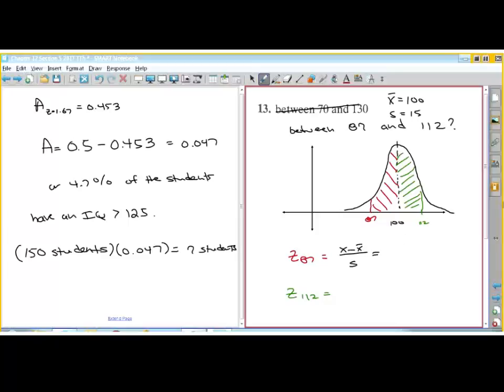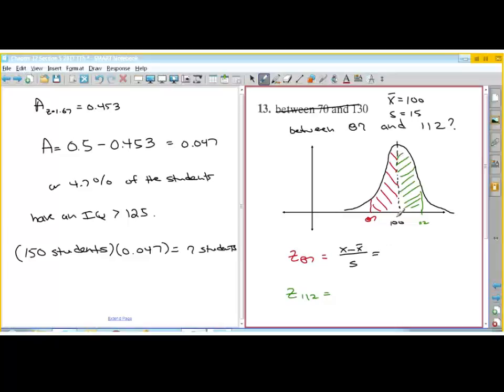Okay, so Kristen, what did you get for the z-score associated with 87? So we're not looking for the area yet, we're just looking for the z-score. Should be negative something. Negative 13. Should be a number between negative 3 and 0, most likely. So let's see where you went wrong.